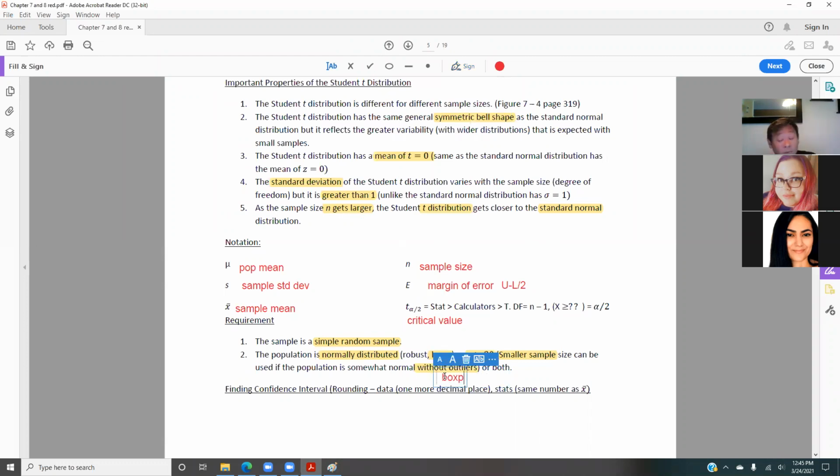Remember last time in your midterm test, you drew the box plot. If you see any dots outside, they're outliers. So if you have only 15 or 20 students, you draw a box plot and see if there are any dots outside. If the box plot shows dots, meaning outliers, this is no good. If an outlier exists, the second condition will not be met.